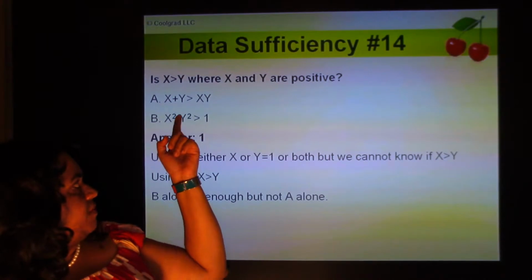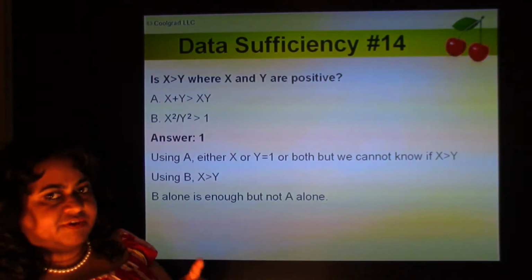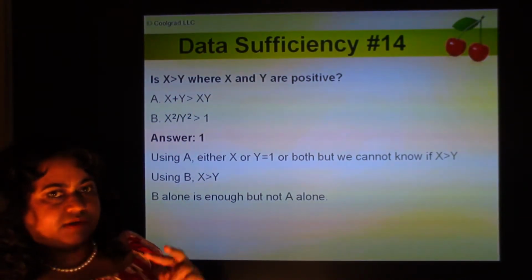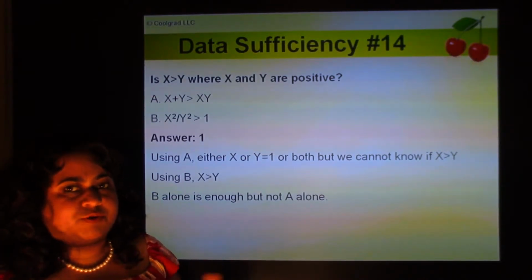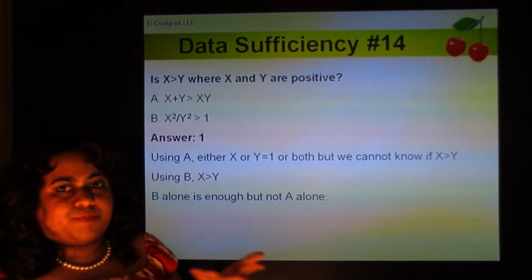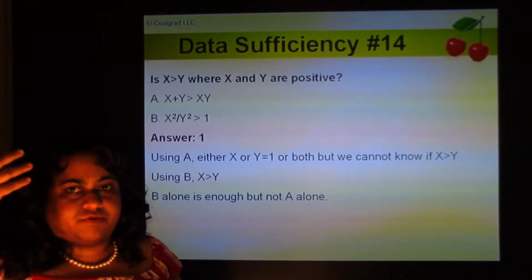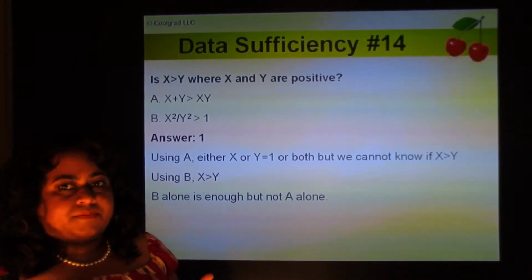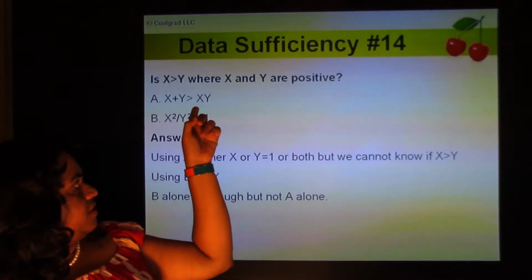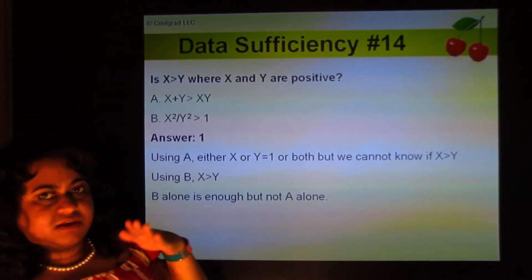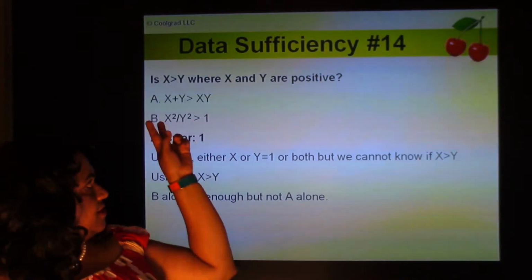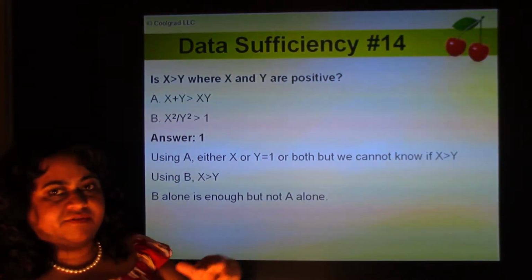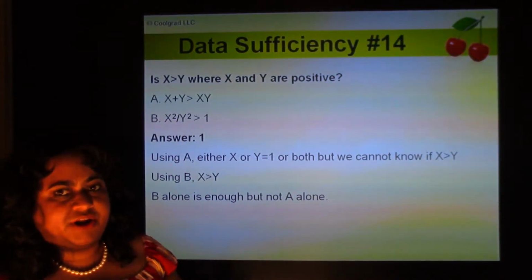So 4 plus 1 will be greater than 4 times 1. Even if you have 4 times 2, 4 plus 2 will always be less than 4 times 2. 4 plus 3 will always be less than 4 times 3. So the moment you have a multiple here, the product increases very fast, and the sum increases at a very slow rate.